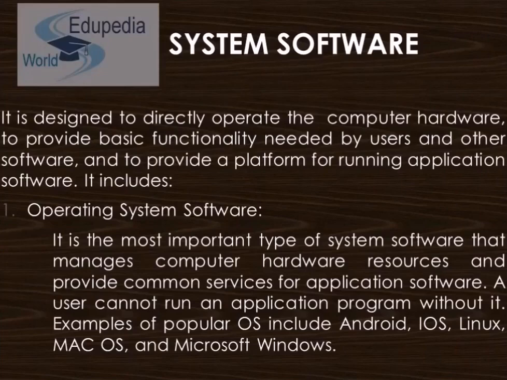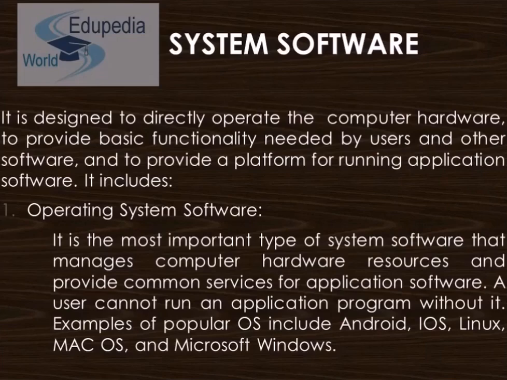System software is designed to directly operate the computer hardware to provide basic functionality needed by the users and other software, and simply to provide a platform for running application software.